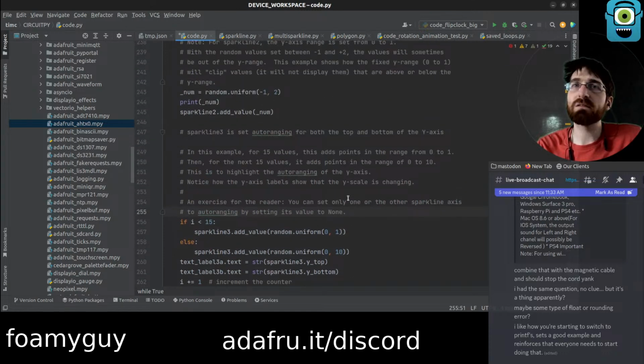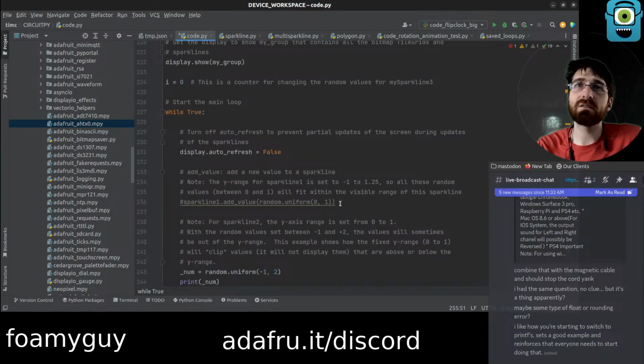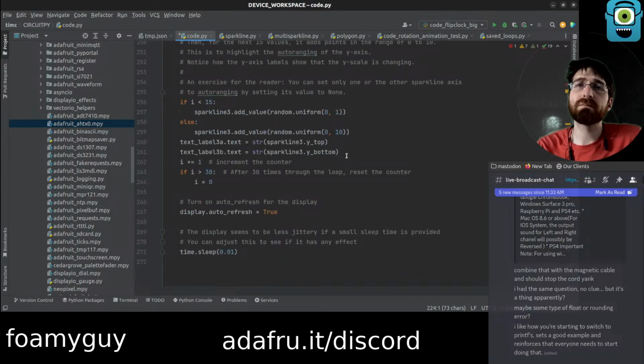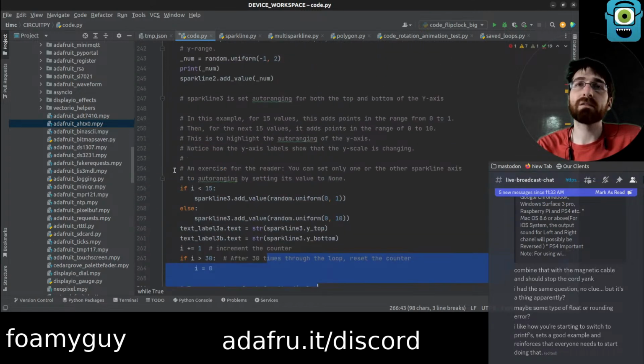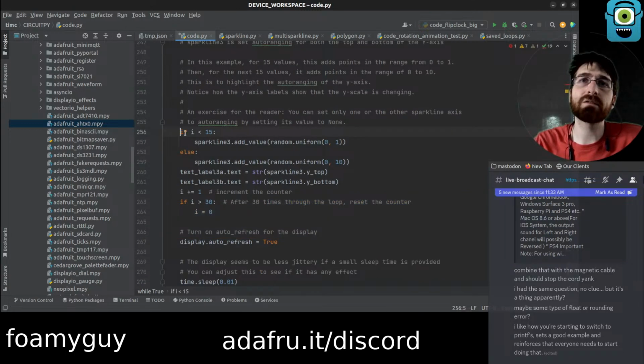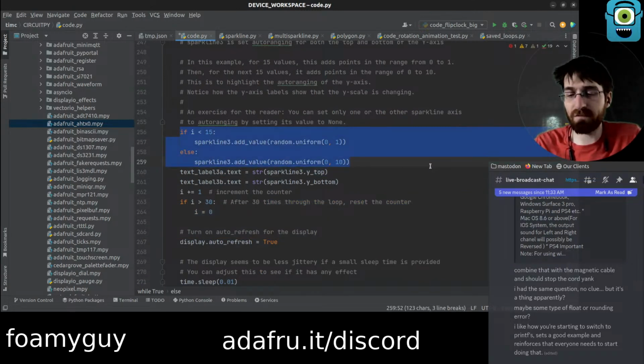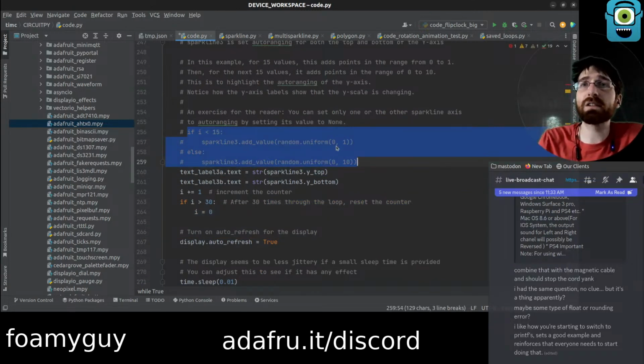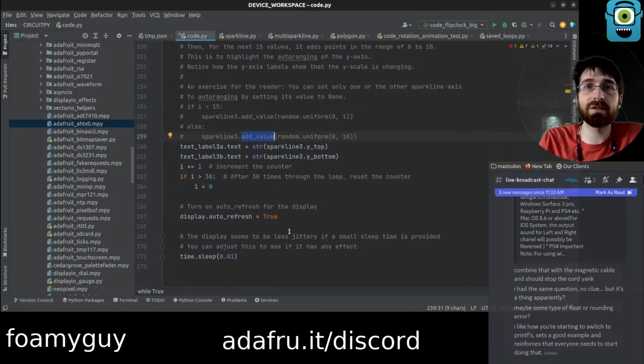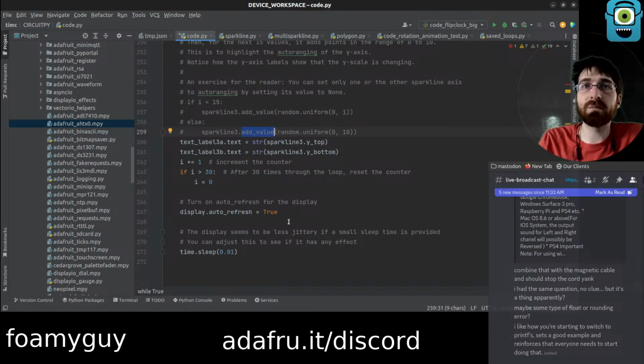I is less than 15? What is I? I don't know. Not sure what that logic's doing. I don't think it's necessarily relevant though to understand for this. It is always going to be positive, and if we comment out here, that is going to turn off the add values. This thing can keep counting, that's fine.